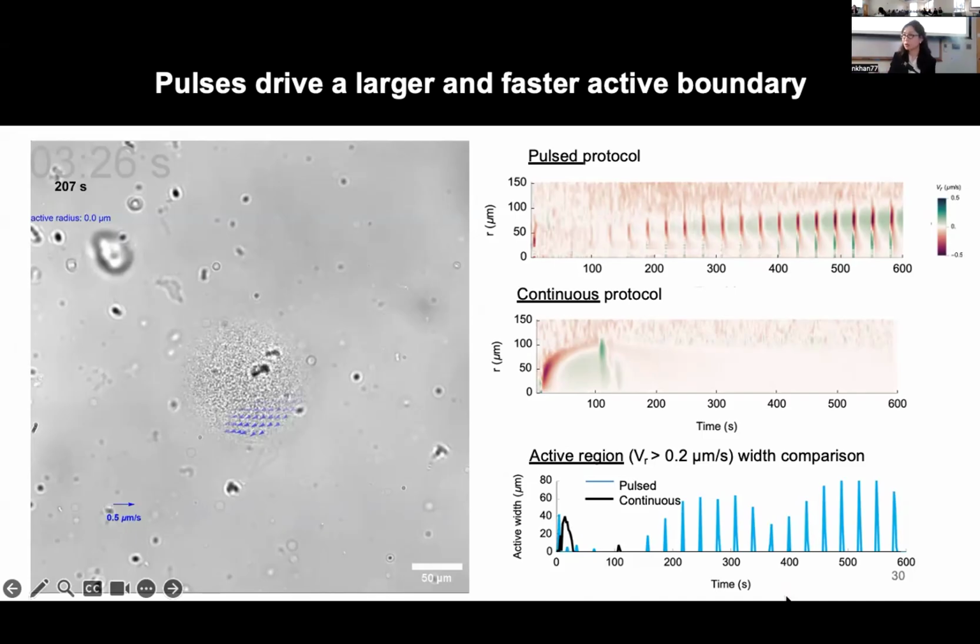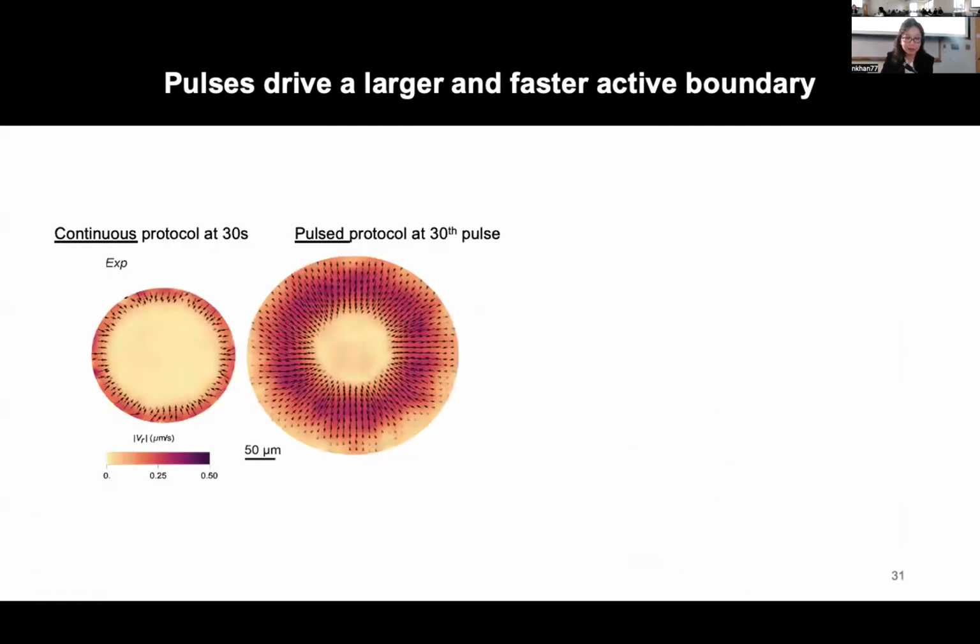But for the pulse protocol, every time we are pulsing the light, it gives a signal to the system, and they are pumping up the whole system. And you can see they have a trend to increase the active region slowly.